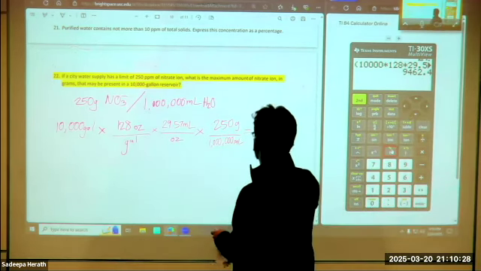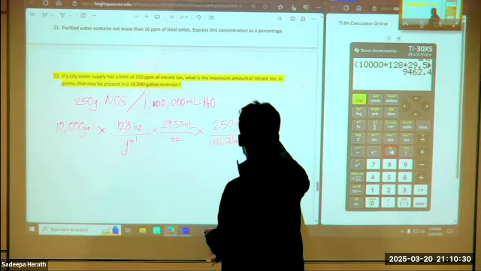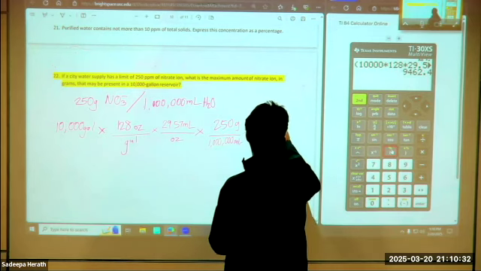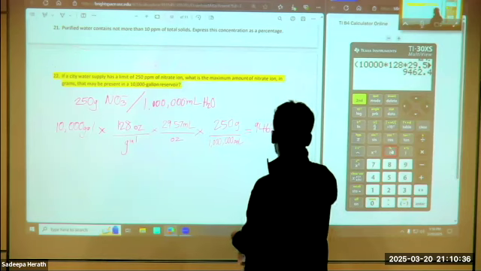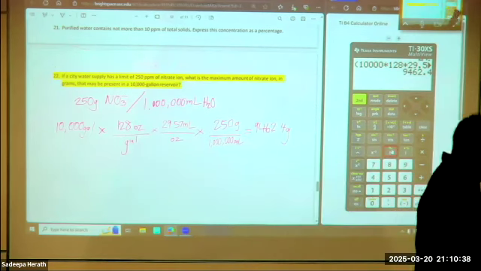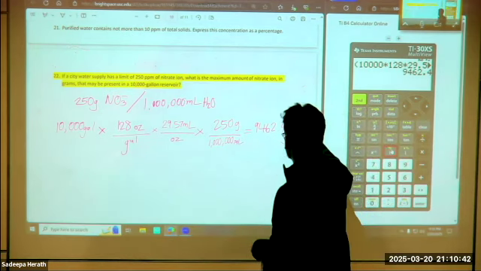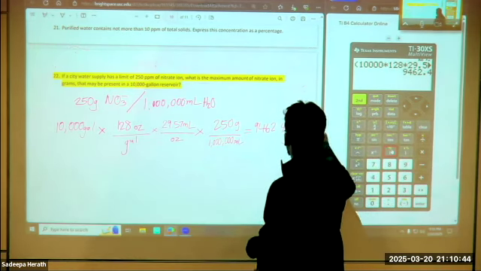Answer is 9,462.4 grams. That looks pretty big, so let's double check here. And that's correct. Of nitrate ion.